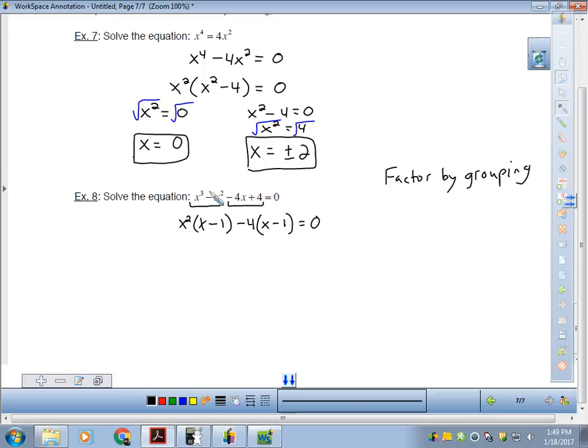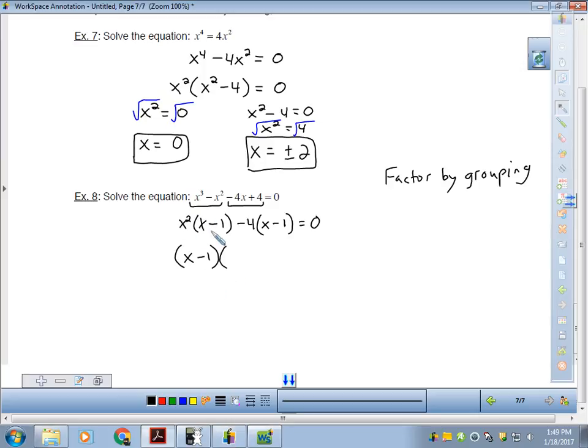Now that we've looked at the two groups and we've factored within the groups, now what we're going to do is we're going to factor between the two groups. Do you see something in common between this first group and this second group? Well, yeah, if you look, what's in the parentheses is in common between the two groups. So I'm going to factor out that common thing. I'm going to factor out that x minus 1.